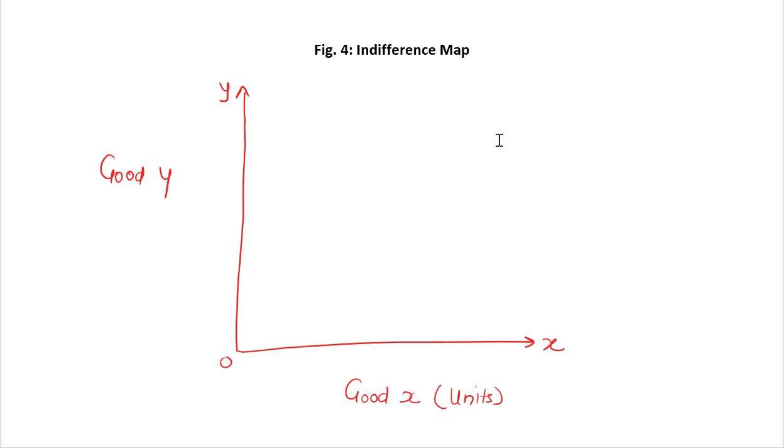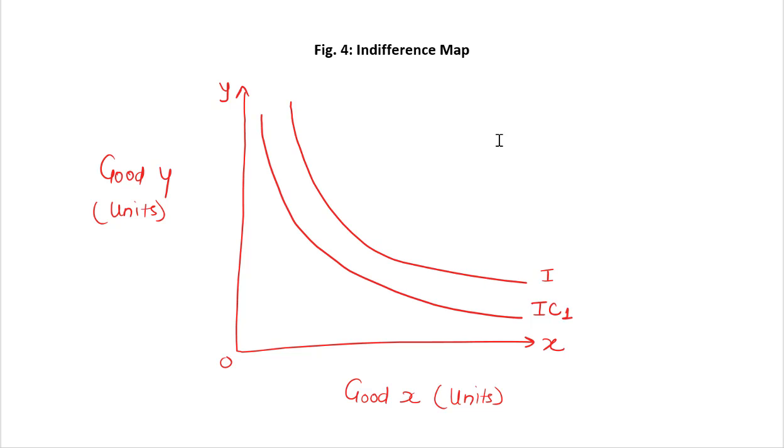The unit is utils, that will give you satisfaction. Now we have over here, this is indifference curve 1. This is combination 1. This is indifference curve 2. This is combination 2. This is indifference curve 3, combination 3. This is indifference curve 4.